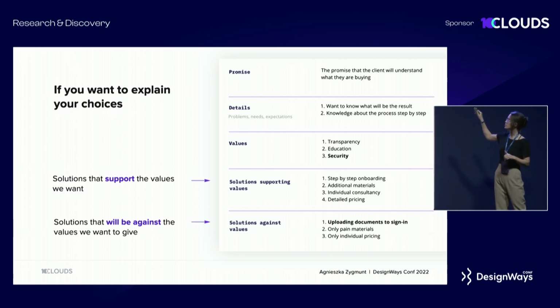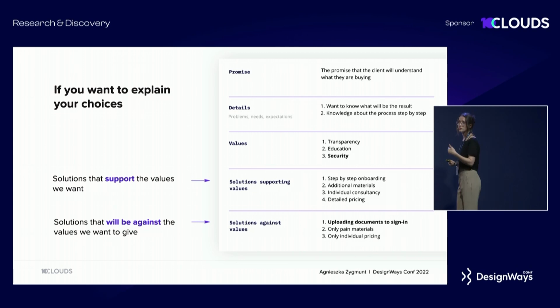Because if you have this promise and values, something that you establish with the client, and you agreed that you want to give the specific value or values we have here, then it's really easy to show them that, OK, here we have solutions that are supporting the value we want to give, but here we have solutions that will be against.